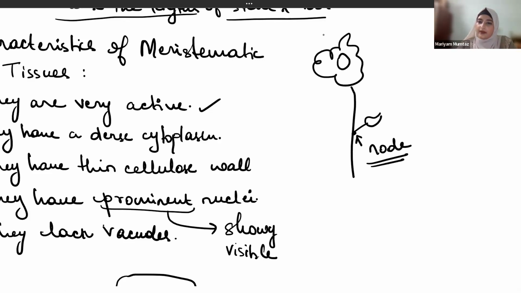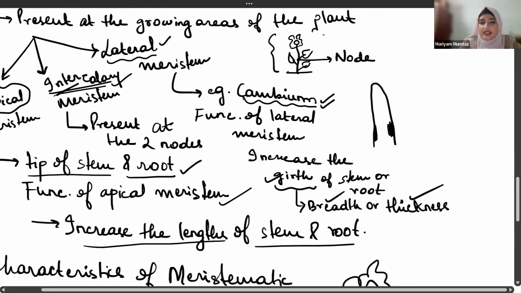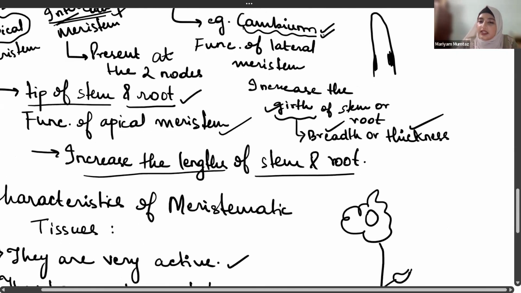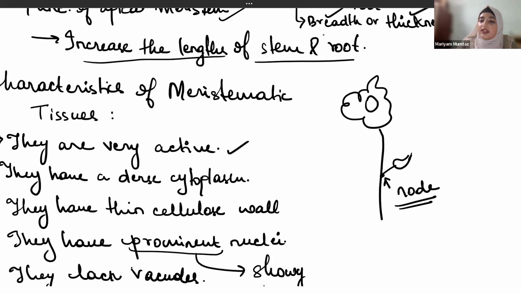The cells of the intercalary meristem are present near the node. Is it clear?